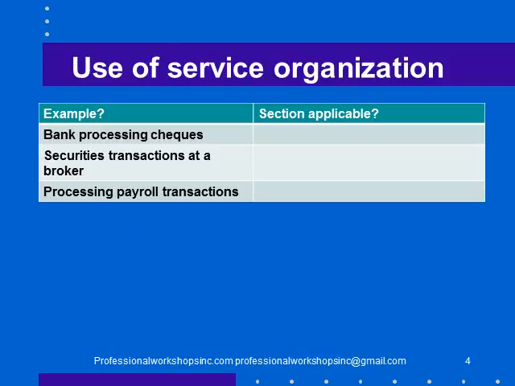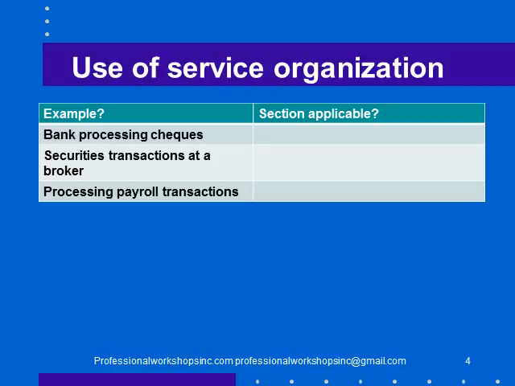So as an example, we could think about it. If a bank is processing our checks for us, we have outsourced a portion of our business to them, though if you think about it, we should be able to properly control that ourselves, and actually having the bank running sort of a parallel system for us and allowing us to reconcile what's gone through the bank to what's gone through our records actually functions as a useful control.